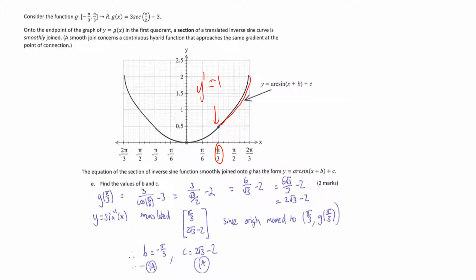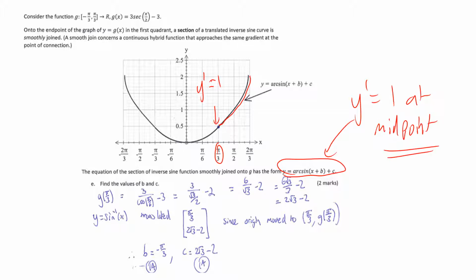And we know that, let's have a look at the form of inverse sine graph. So it's the standard inverse sine. There are no dilations from the x, there's no dilations from the y. It's only a translated function, which means the gradient is equal to 1 at the midpoint, as it is for the standard inverse sine graph, which has a gradient of 1 at its midpoint at the origin.